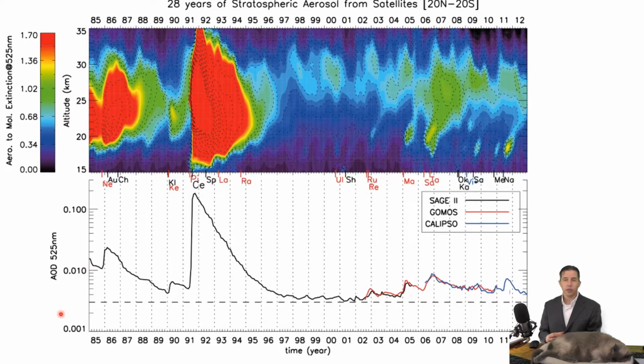So we have instruments that actually measure how much dust is in the stratosphere. And this is the readout from one of these, and let's see if we can make sense of this. So what we're looking at is a graph. Let's ignore the color one for now. We're looking at this black and white graph. This is how much dust is in the stratosphere as the years go by.